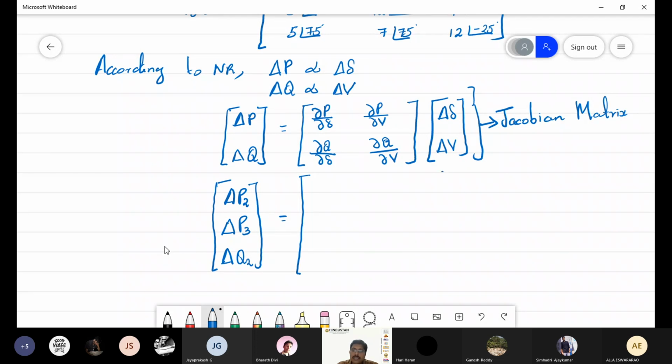That is equal to, we know that the real power is directly proportional to the rotor angle or phase angle, and the reactive power is directly proportional to voltage. So we are going to write the proportionality constants.